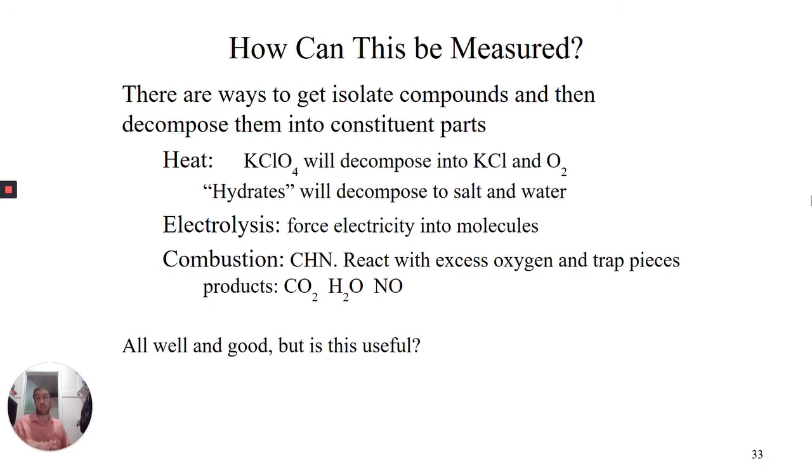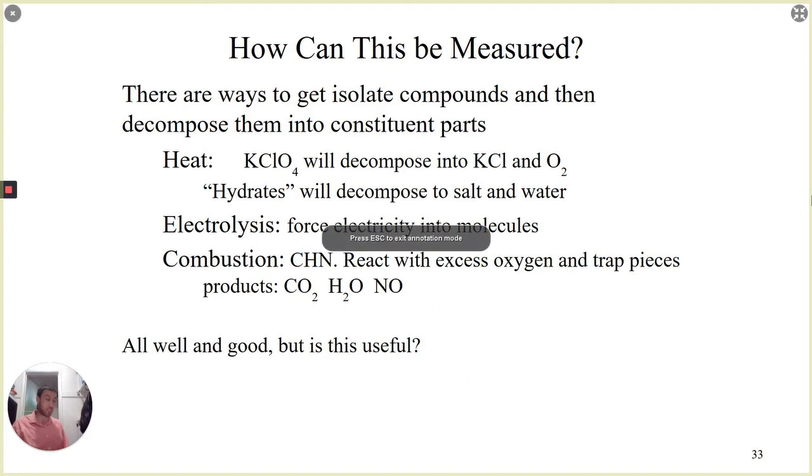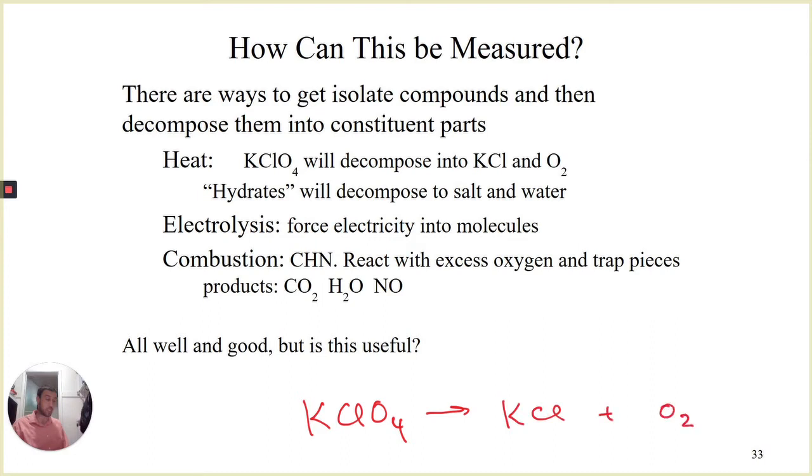You can look at particular samples or study not all chemicals, but particular chemicals have very predictable reactions. So for instance, potassium perchlorate will decompose into potassium chloride and oxygen gas. So we can look at that particular equation, the KClO4, KCl plus O2, and I can use conservation of mass to prove that that's the case.